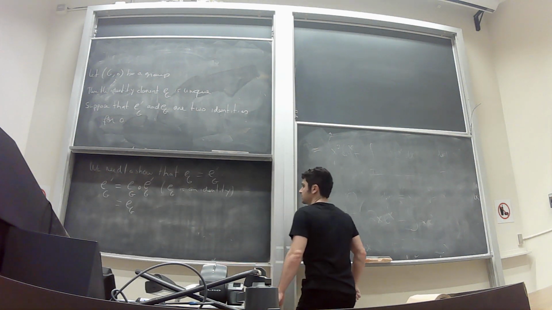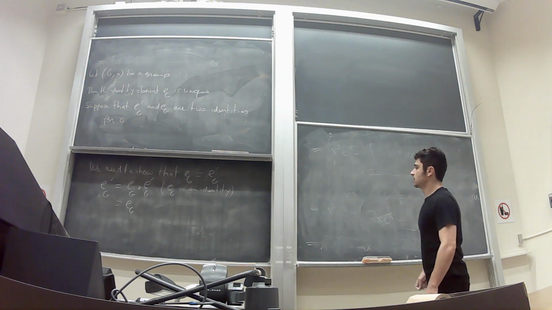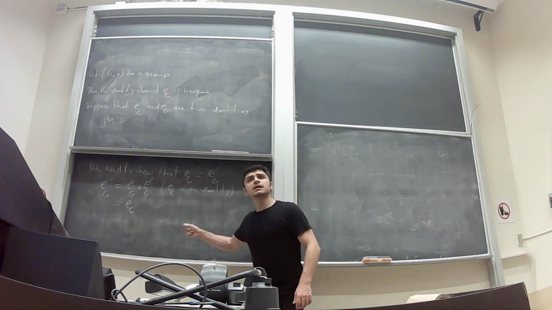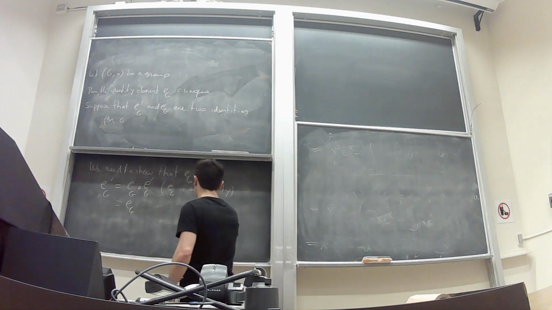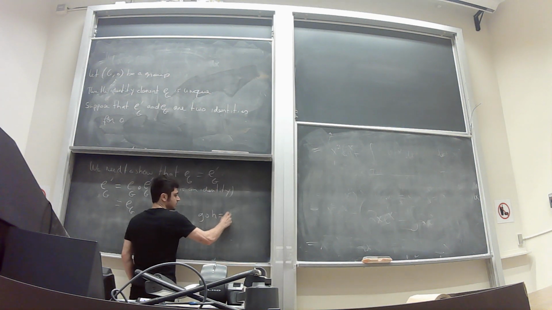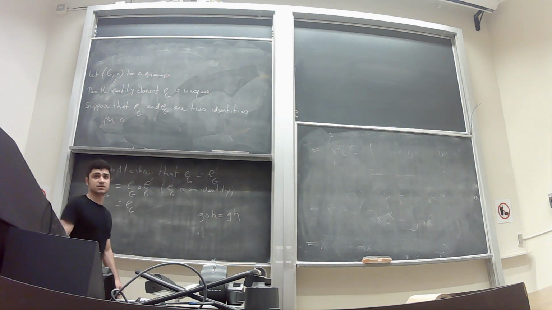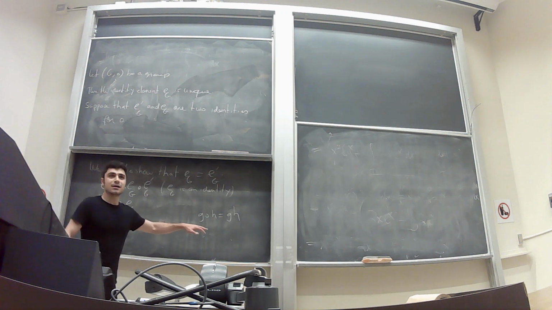Now I will show that inverses are unique. Now, can I drop the circle notation? May I just use this instead of writing this? Is it okay if I use this right now? No, use the circle. Okay. Keep using the circle.